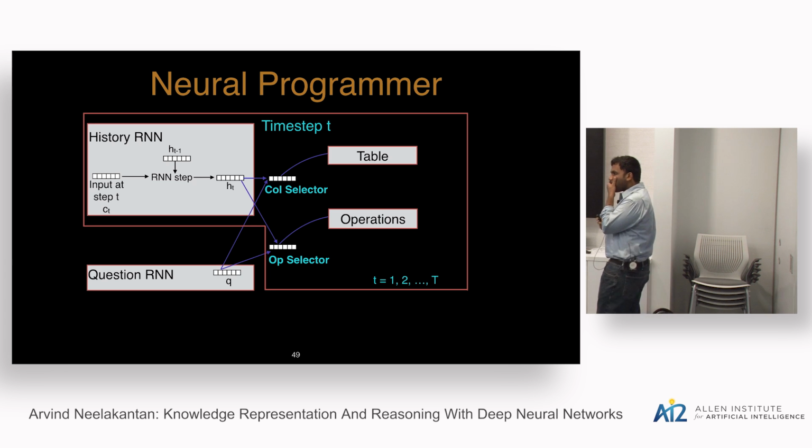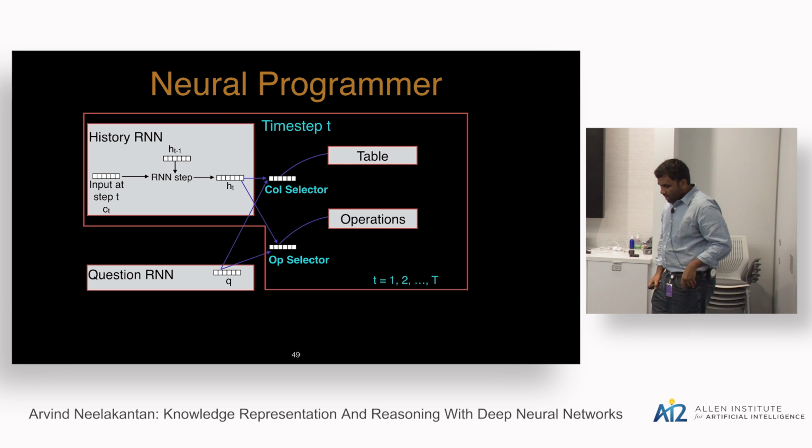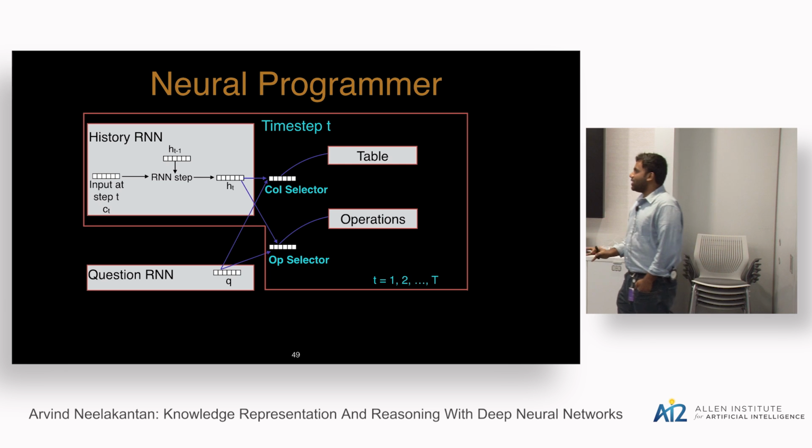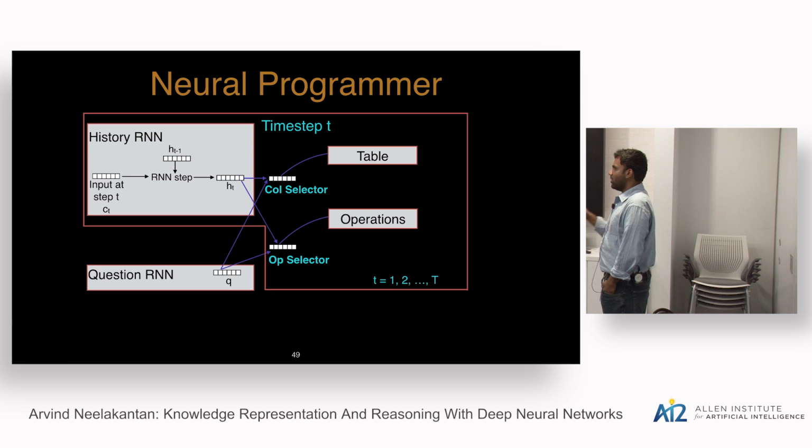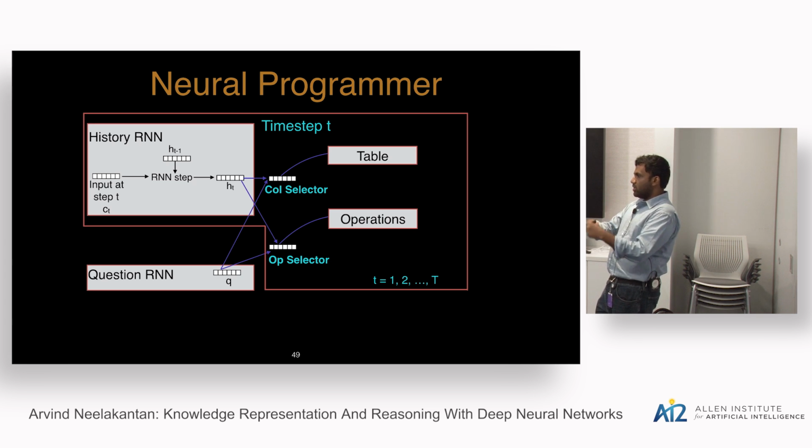Audience: Can you say a bit about the space of functions you can represent by this alternating column and operator selection? In the actual detail, we do more than just the column. If a function requires more than one argument, there are multiple ways to define it, and how I've defined it is that it happens over two time steps. It selects one argument in time step 1, then selects another argument in time step 2, and then it's chained together. So operations like AND and OR, for example.